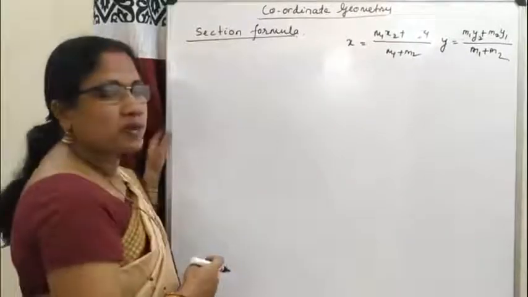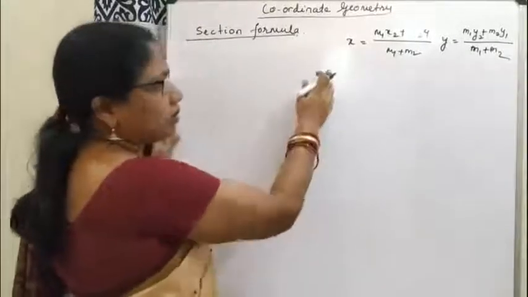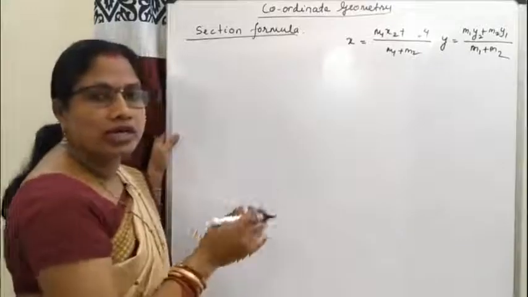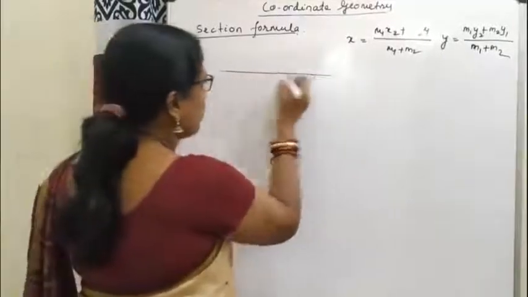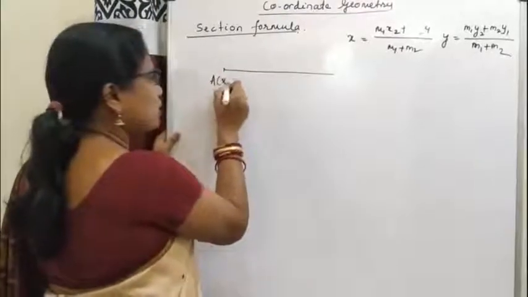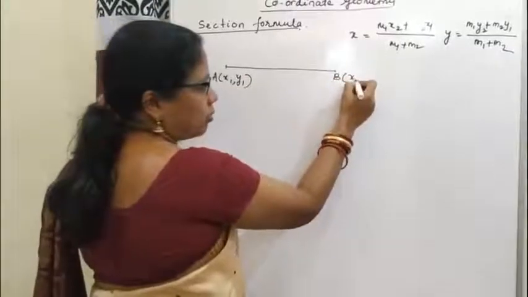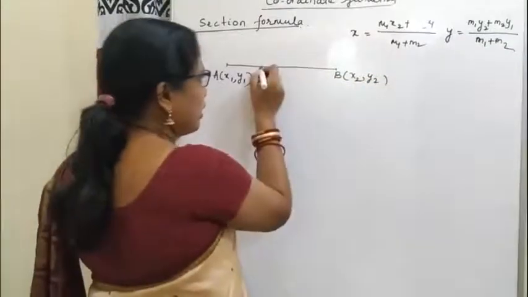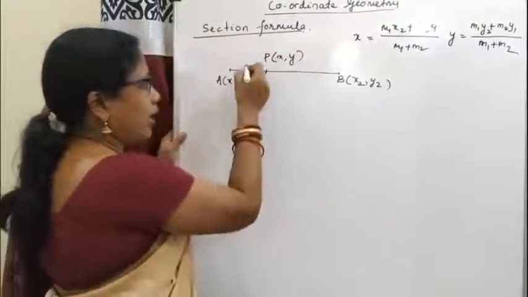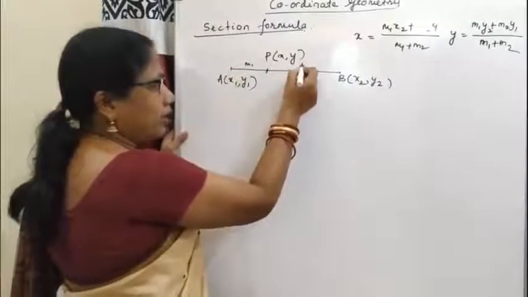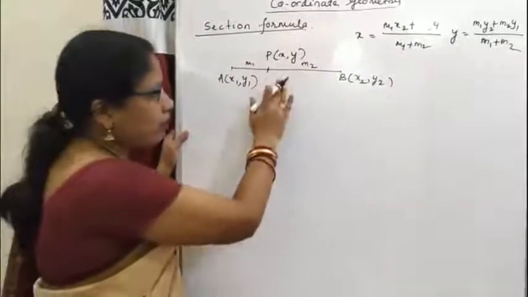So there are some special cases. We have derived this formula, where x and y are the coordinates of a point which divides AB. For example, this is A having coordinates x1, y1, and this is B having coordinates x2, y2. Let P be a point having coordinates x and y, and it divides AB in the ratio m1 is to m2. This is the formula for this case.